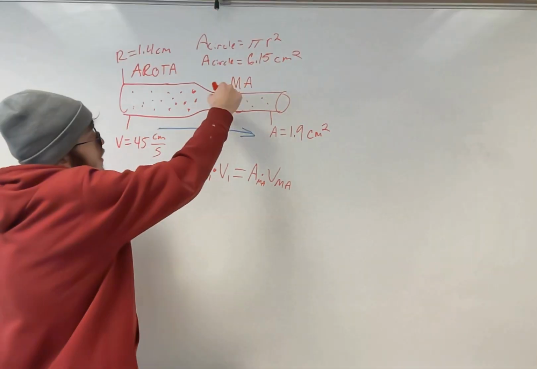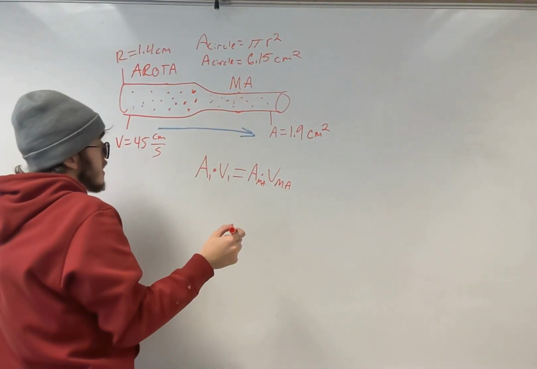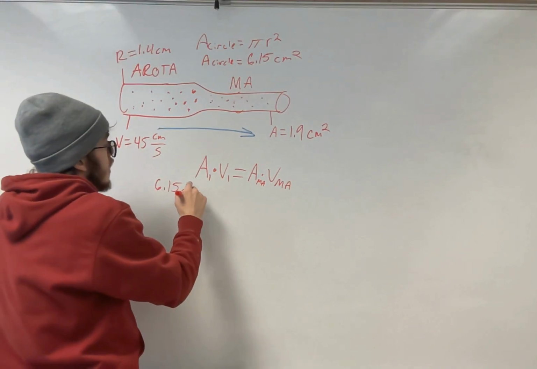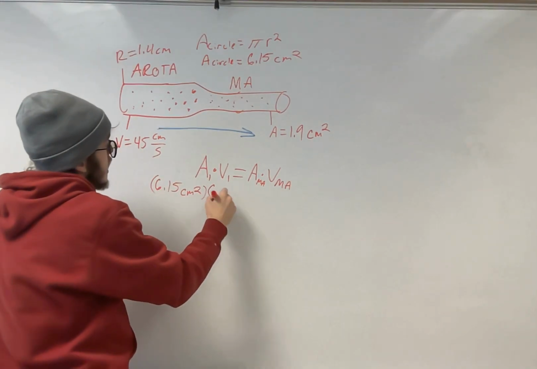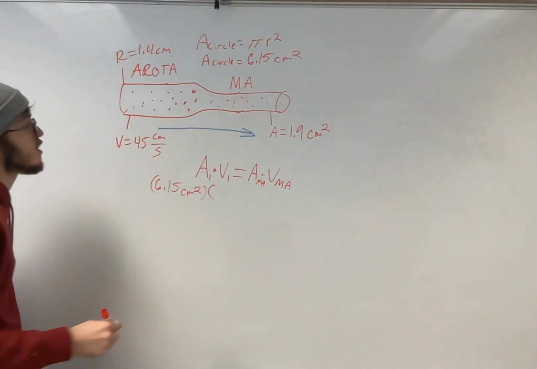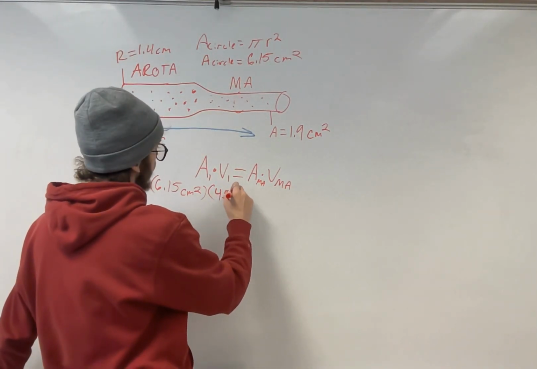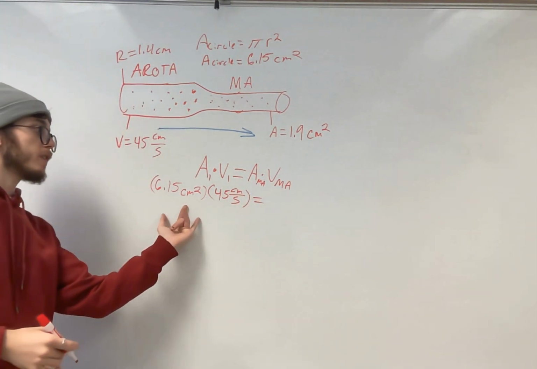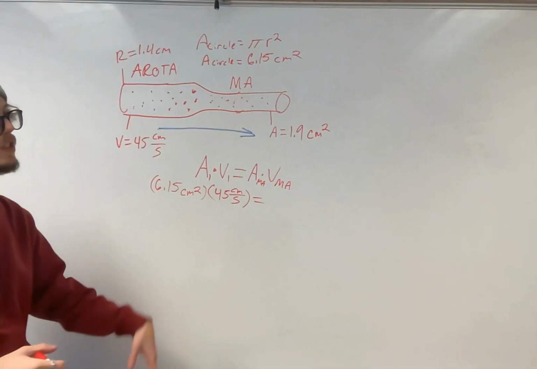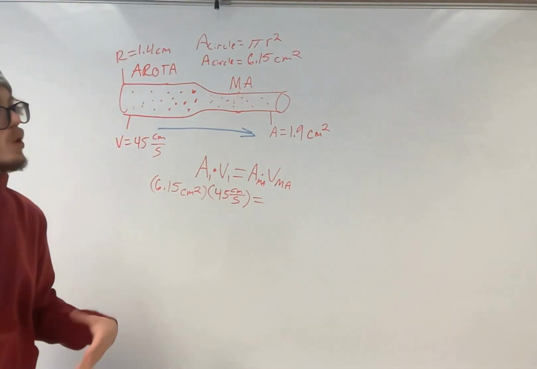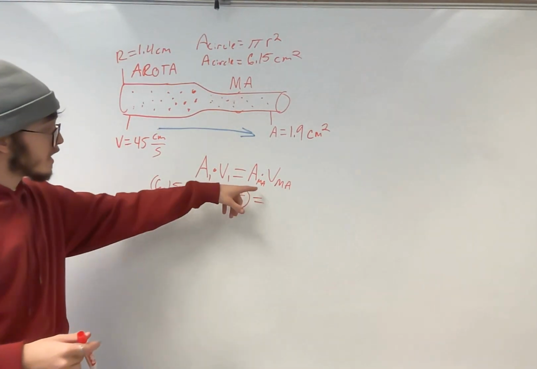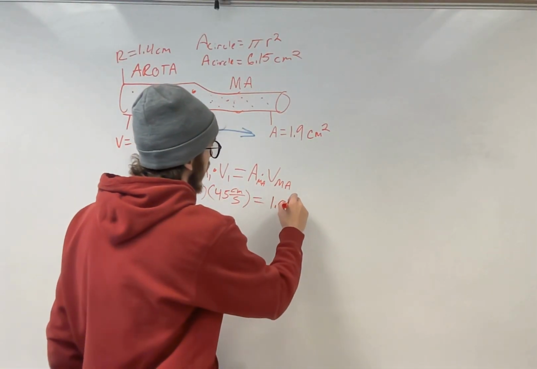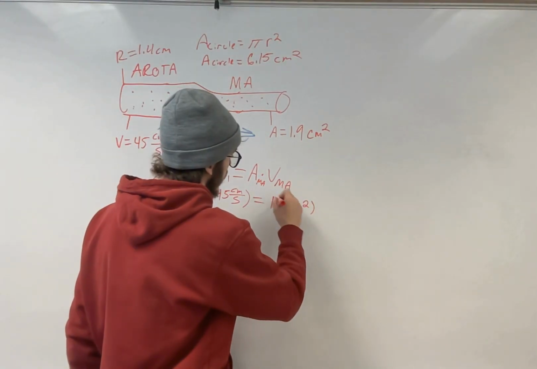Okay, so using this, let's do a little bit of plug and chug to find the velocity at which the blood is traveling through the major artery. So we're given that the area is 6.15 square centimeters. We multiply this by the velocity at which that fluid is traveling, 45 centimeters per second, right? And when we do the math, this will give us a volume per second. So how much volume is flowing per second? And then the area of our major artery is 1.9 square centimeters.